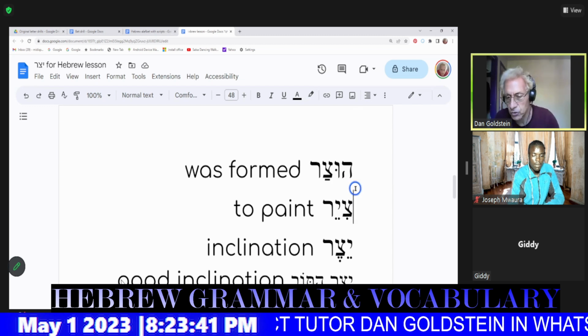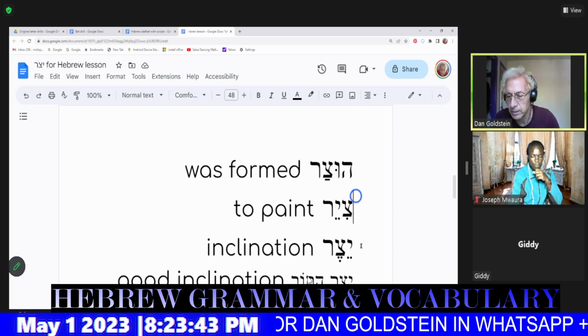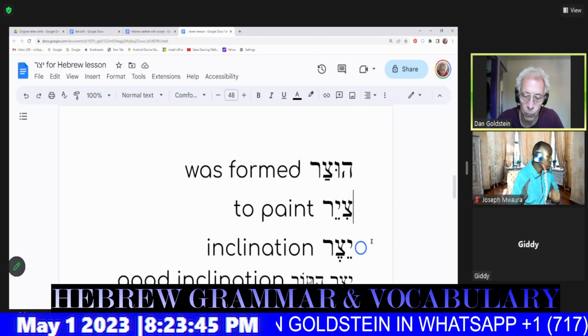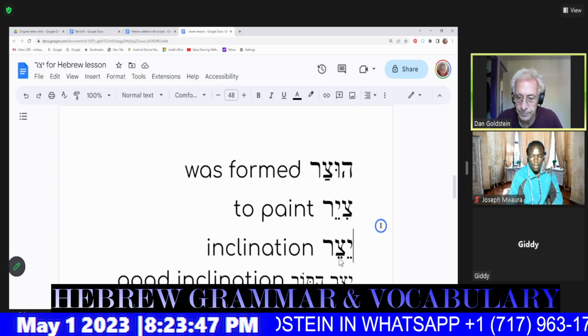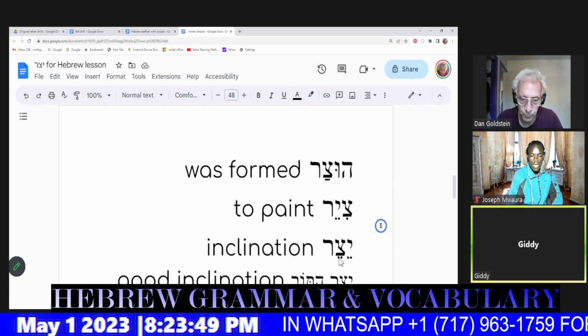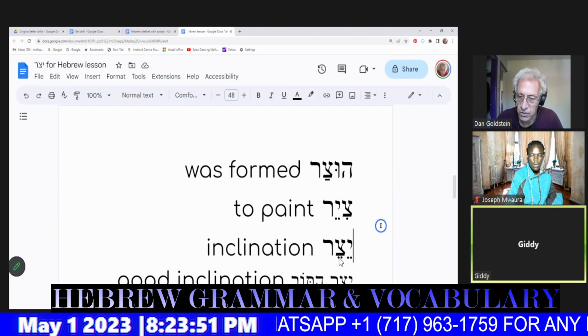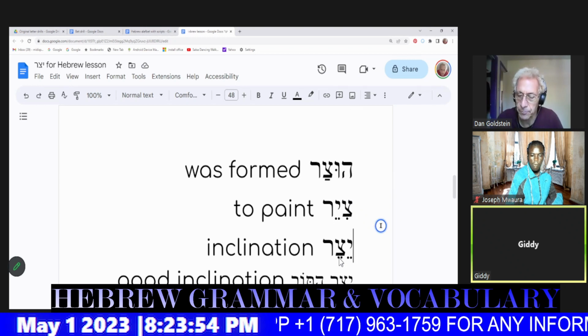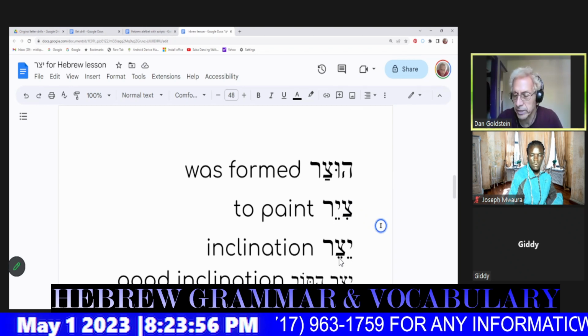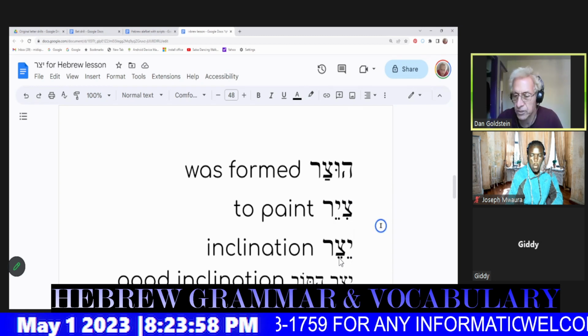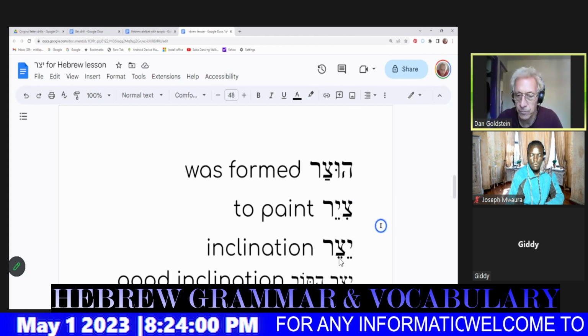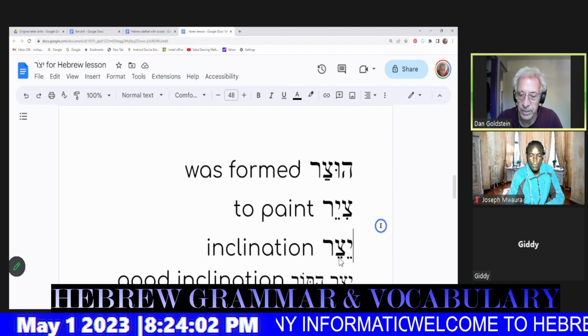The next word, Yetzer. So this is a slightly different meaning than we might expect from yatzar, which we understand to mean form. Yetzer means inclination.